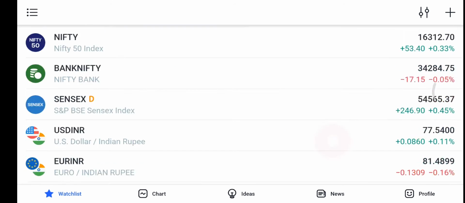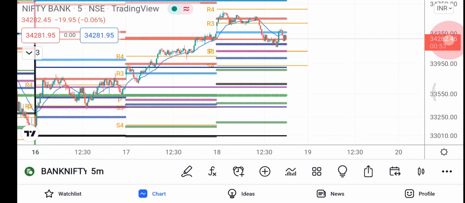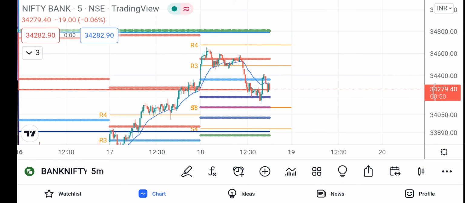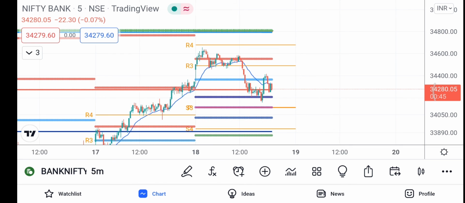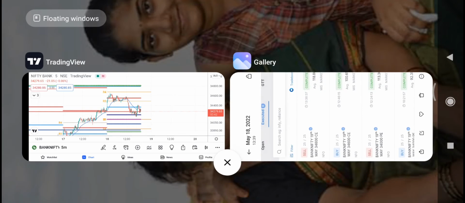Based upon that, I take a trade in Bank Nifty or in Nifty. So by seeing this overall perspective, I take a trade and execute it, and I am going to show my profit screen and my initial trade also.